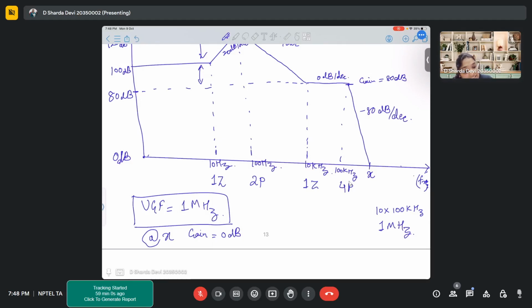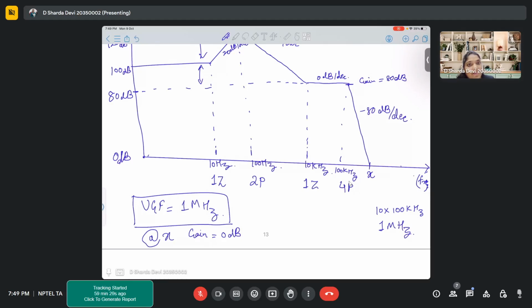Now here, the slope of this line is also how much? Minus 80 dB per decade. So when you move by 1 decade, you can already see the gain change by 80 dB. So that is what you wanted, right? You wanted a change of 80 dB and you are getting the change of 80 dB just by 1 decade change.